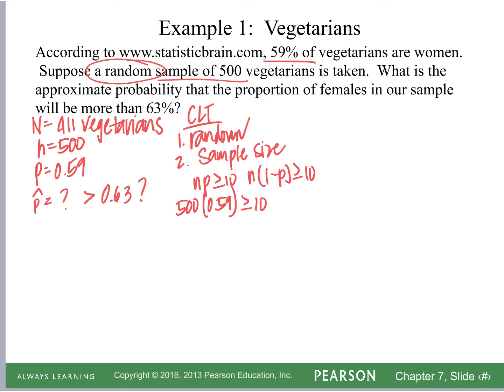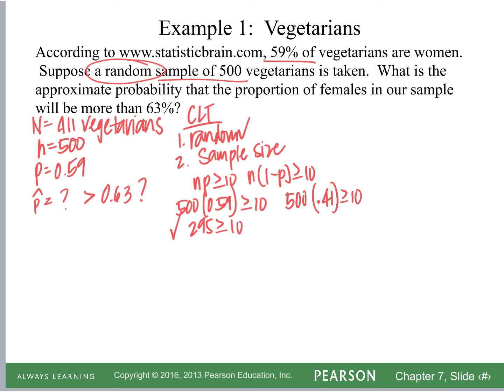And 500 times 0.59 gets you to 295. Is that greater than or equal to 10? Yes. We're going to put a check by successes. For failures, sample size of 500. Proportion of failures would be 0.41 if the successes is 0.59.